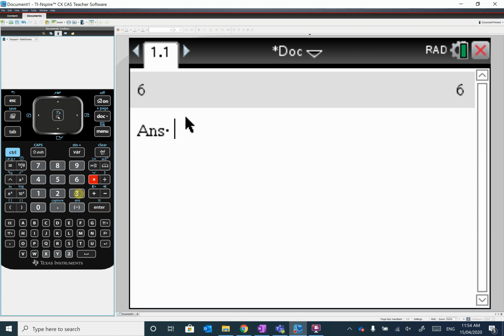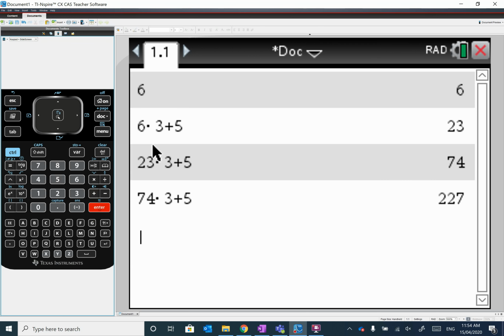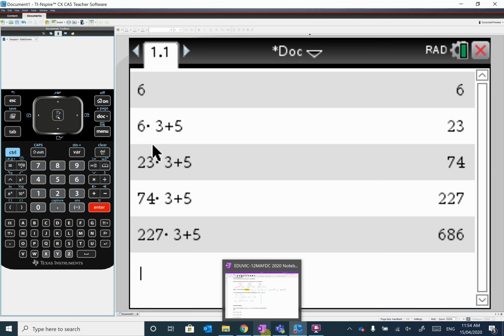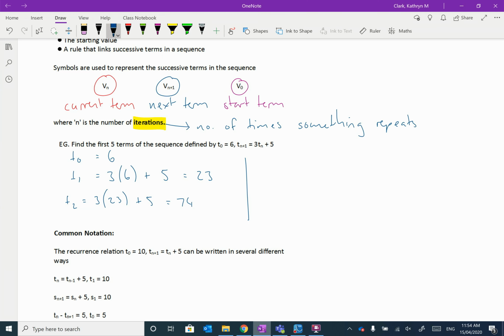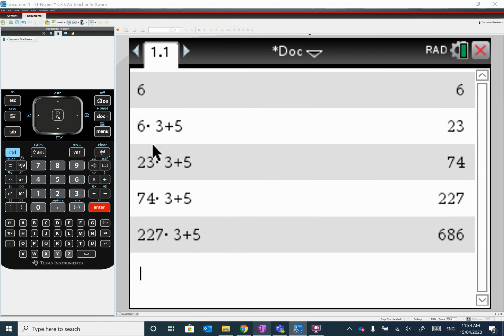So I want to multiply by 3 and add 5 to my answer. So there's my second term, third, fourth, fifth. So that's 5 terms. So now I can take those values. I don't have to work them out.